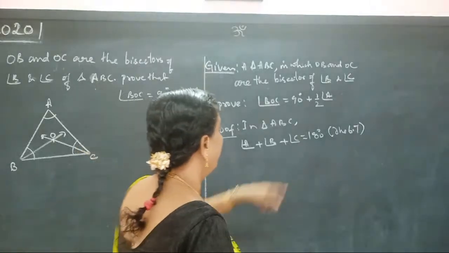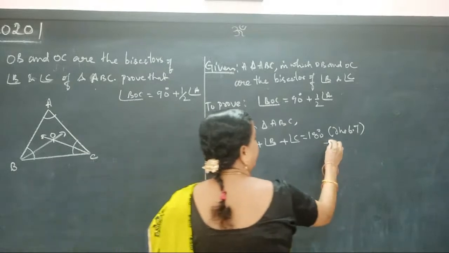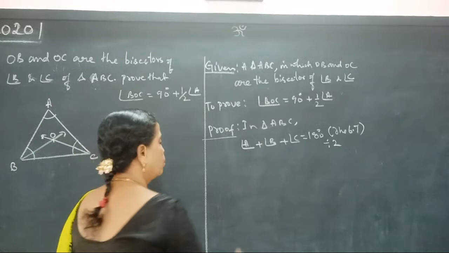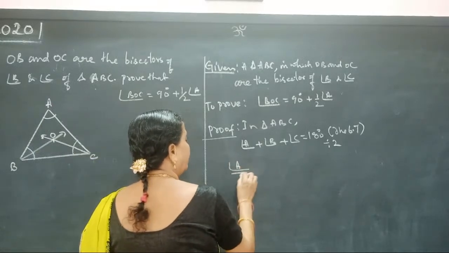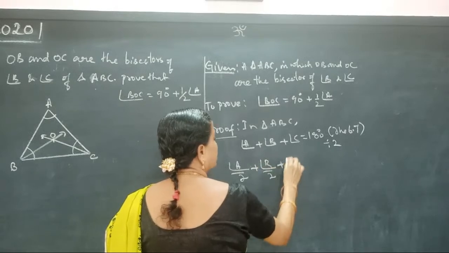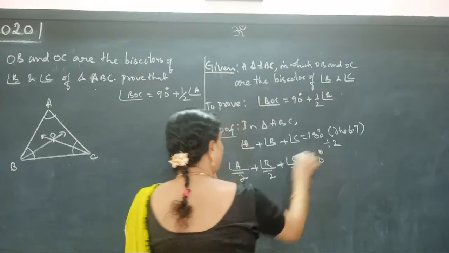Now it is given half of angle, so here I will divide LHS and RHS by 2 to get A by 2. So what will you get? A by 2 plus B by 2 plus C by 2 equals 90 degree.